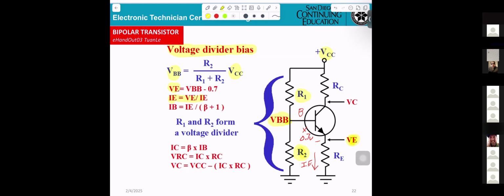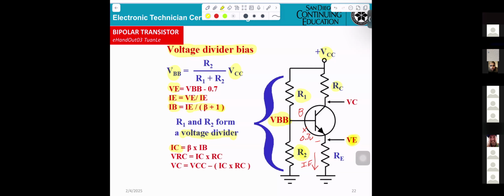And now, if you want to calculate the IB, we want you to use this formula: IE divided by beta plus 1. R1 and R2 form a voltage divider. That's what we're talking about, divider law. And to calculate the IC, beta times IB.